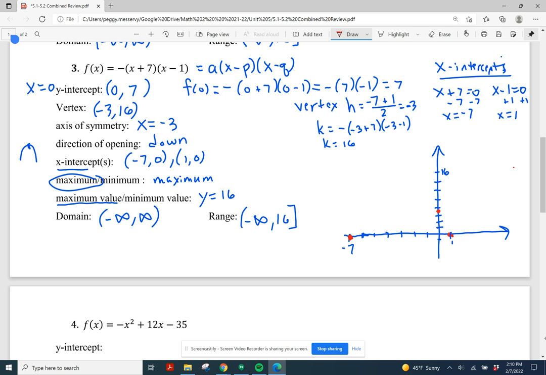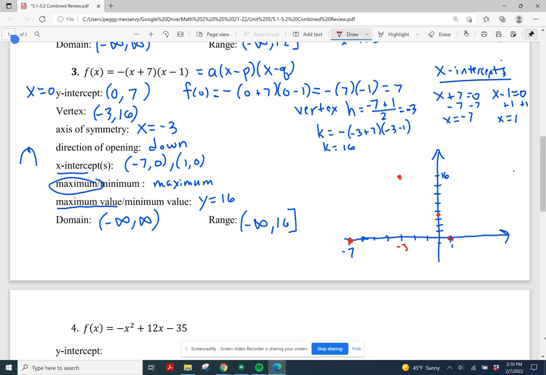We have our vertex at -3, +16. So we'll go out to x equals -3 up to y equals 16. Our graph is going to be just a little bit distorted because we didn't use the same scale on the x and y axis. And we'll draw our graph. And there's a sketch of our problem. And that is example 3.